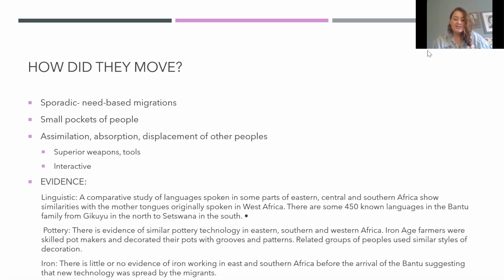There's studies that compare languages spoken in the modern day to languages spoken in a completely different part of Africa. And they share word similarities, they share prefixes, they share all kinds of language features that indicate, oh, so the people who lived here are somehow related to the people who lived here.